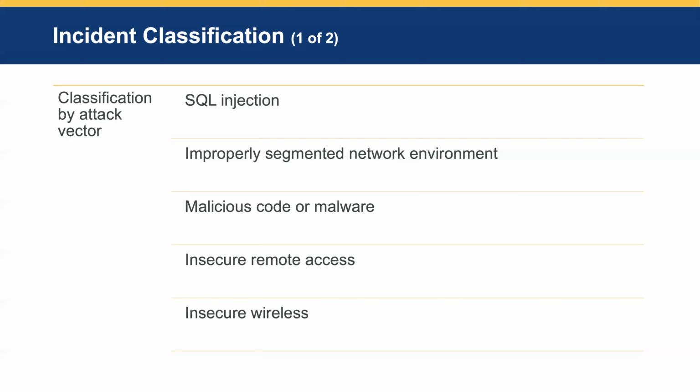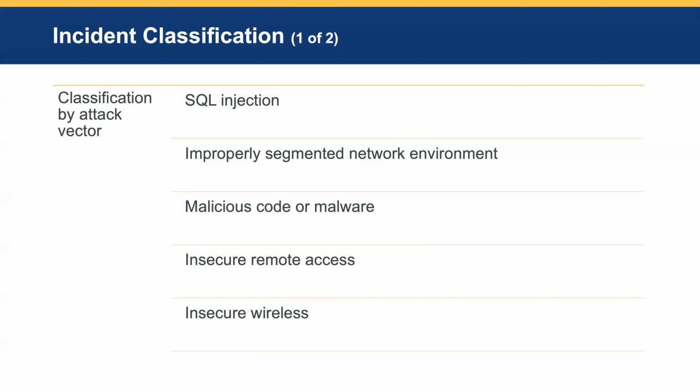And so the attack vectors that were identified include SQL injection, improperly segmented network environments, malicious code or malware, insecure remote access, as well as insecure wireless.